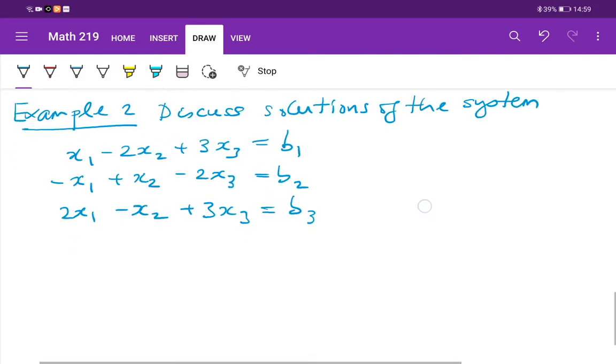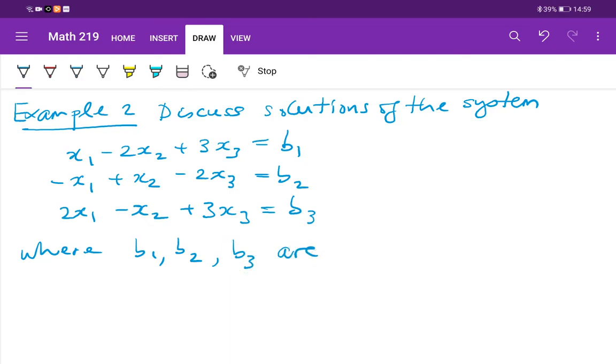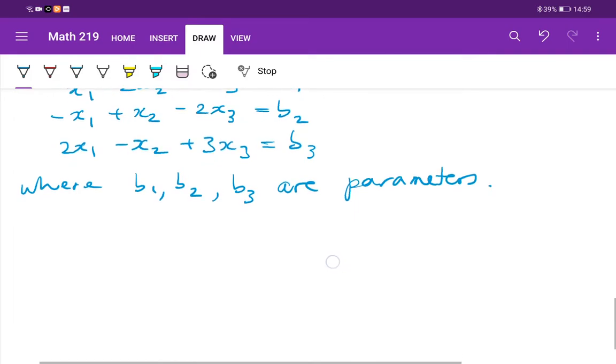So here the bi's are parameters, where b1, b2 and b3 are parameters.